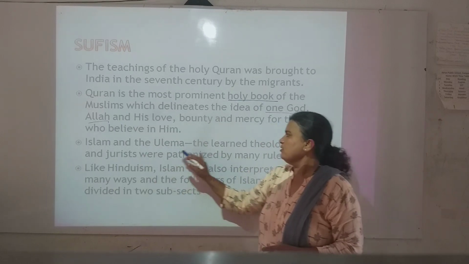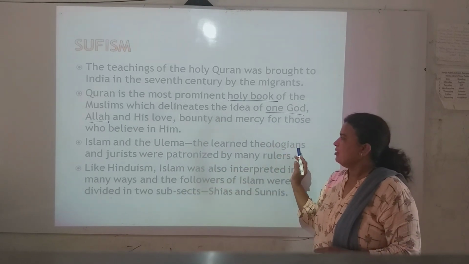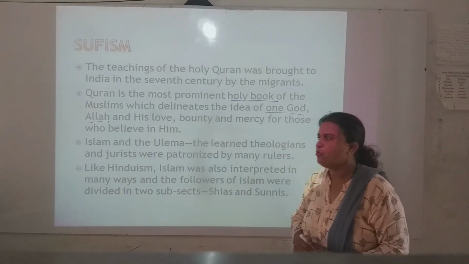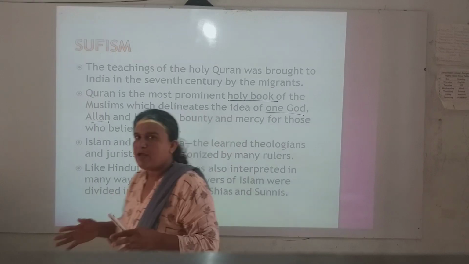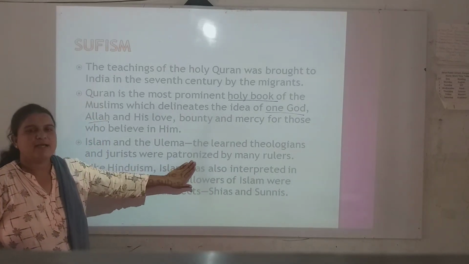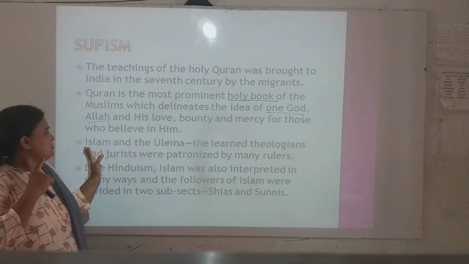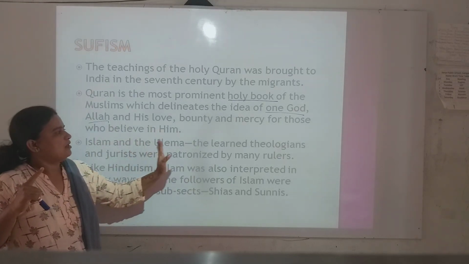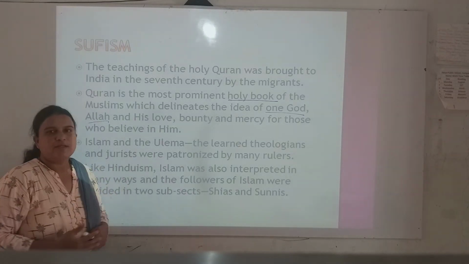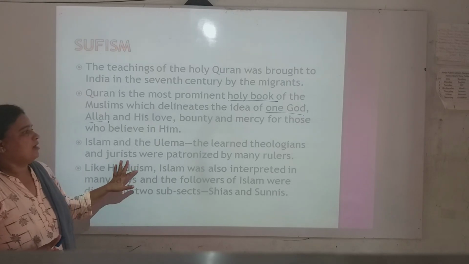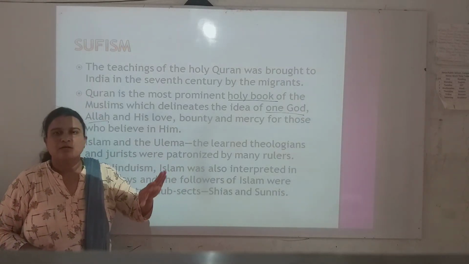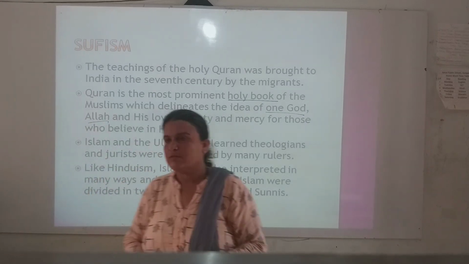Then Islam and the ulama, the learned, the theologians and the jurists, were patronized by many rulers. Ulama means the scholars in the Islam religion, and they were helped by the rulers.